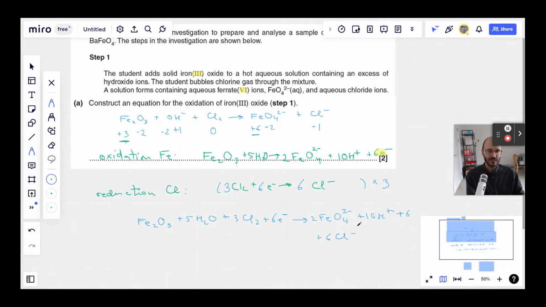Okay. Once you've got here, then what you have to do is to cancel out the electrons. And usually that would be your final perfect answer.